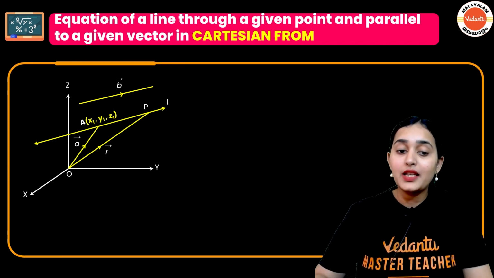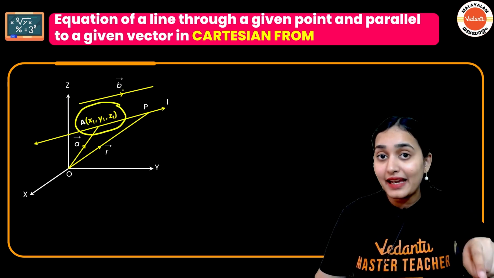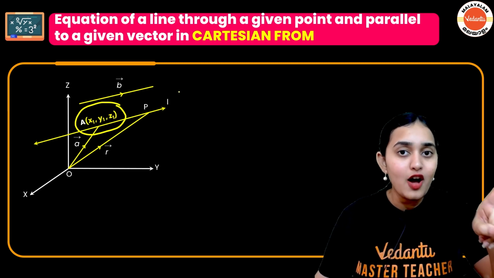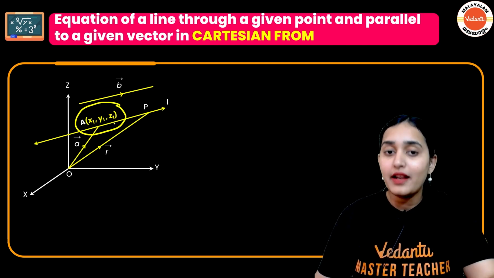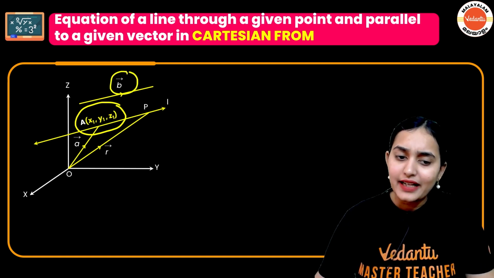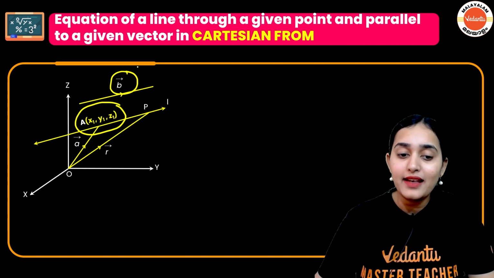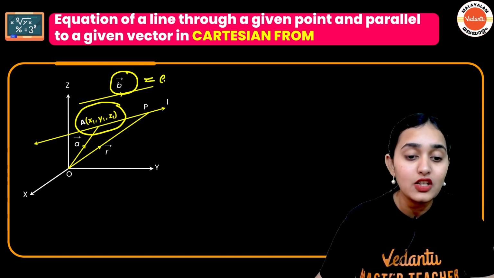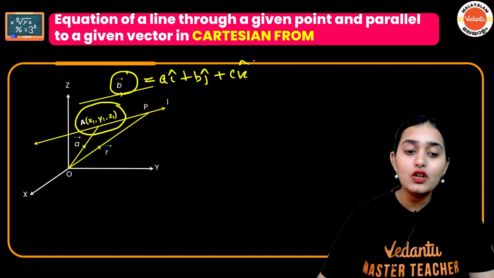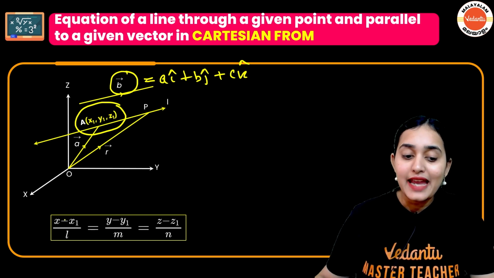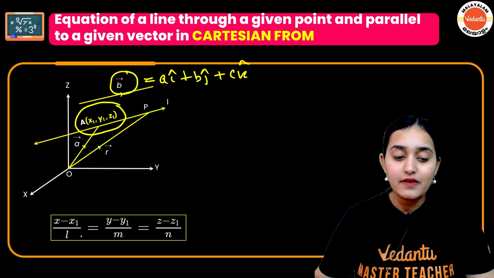Okay. Now similarly in the Cartesian form, once again you will have the point, but this time the point is not in vector form, it is in Cartesian form. x1, y1, z1 is the coordinate of the point and the vector will be the parallel vector. So here in the Cartesian form, this parallel vector will have some direction ratios, a, b, c, like that. So the equation of the line will be x minus x1 is equal to y minus y1 is equal to z minus z1 upon l, m, n.